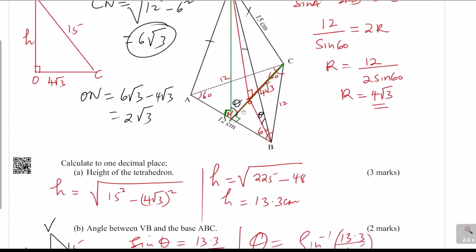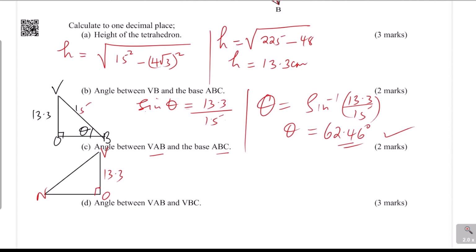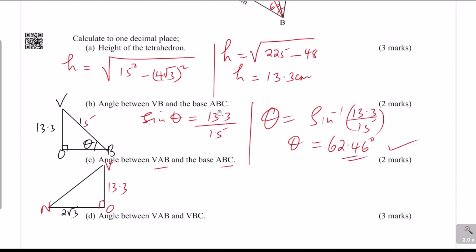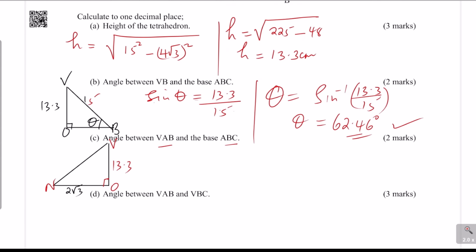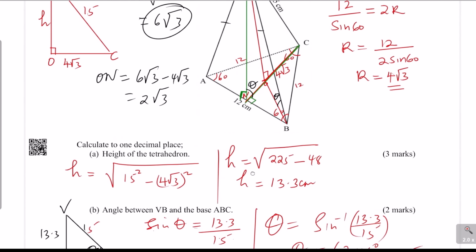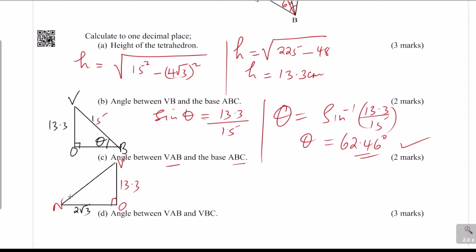So now having this one as 2 root 3, that is ON or NO, we can get the required angle. Remember, the required angle is this angle here. This is the required angle between the two planes. And for this one, you can use tangent.